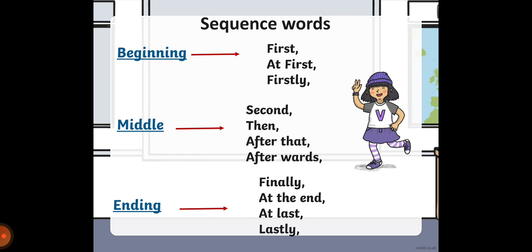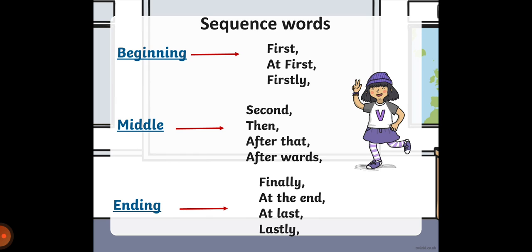Okay, miss, so why do you give us a lot of examples? Because maybe if I'm writing, I forget the sequence word at first, or I forget the sequence word firstly. So I always remember one of them, which is first. This gives you many options, so when you start writing, you're not confused.